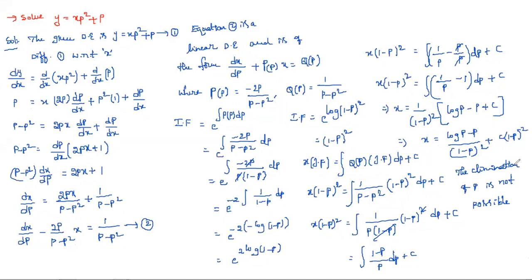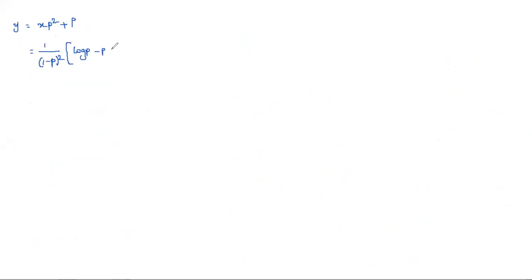Now you can substitute x here. So what about x there? We got 1 by (1 minus p) whole square into (log p minus p) plus c, this one only we got now. So y is equal to that into p square plus p.